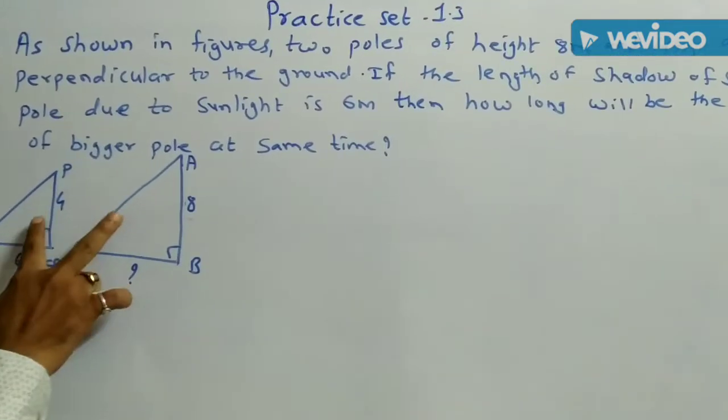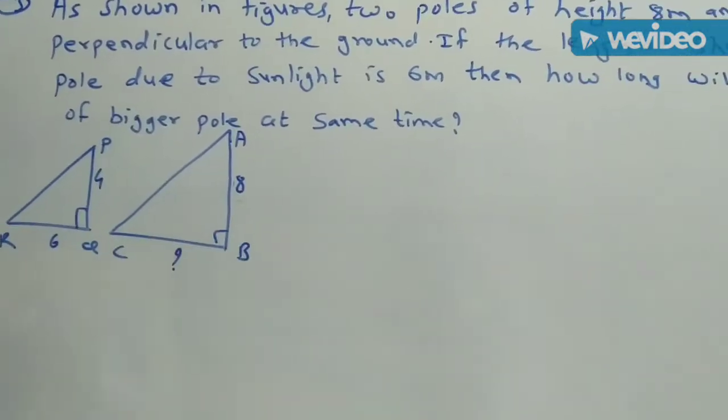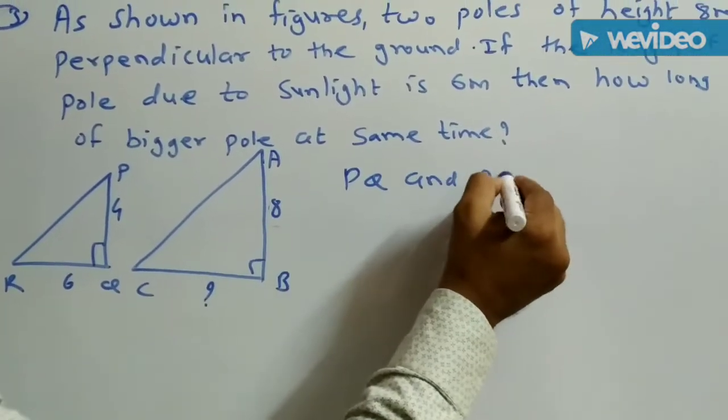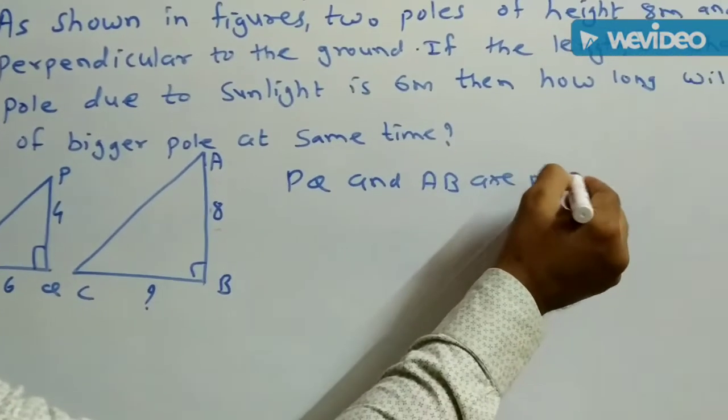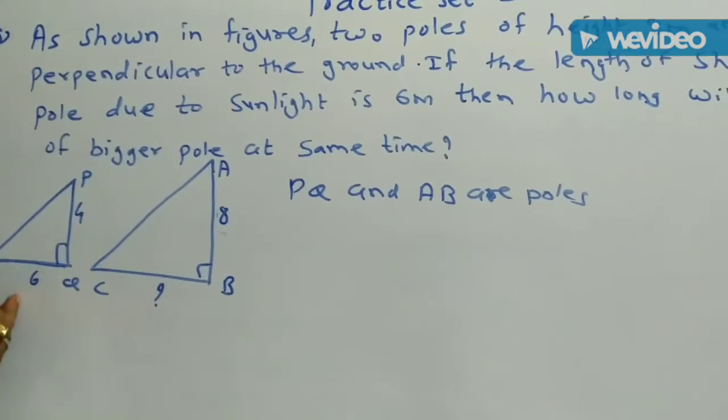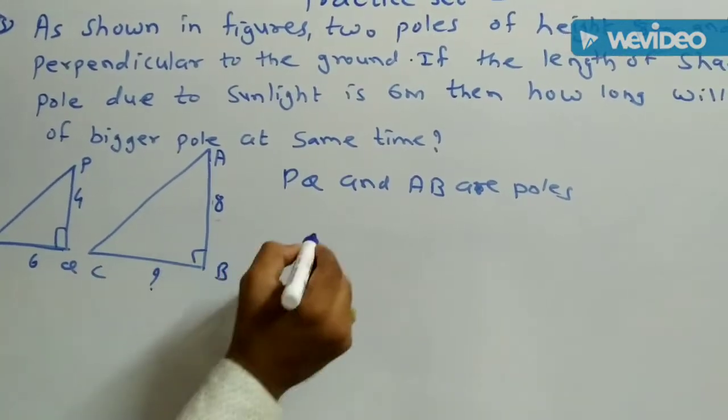We are given in the figure PQ and AB are the poles, and due to sunlight their shadows are QR and BC.